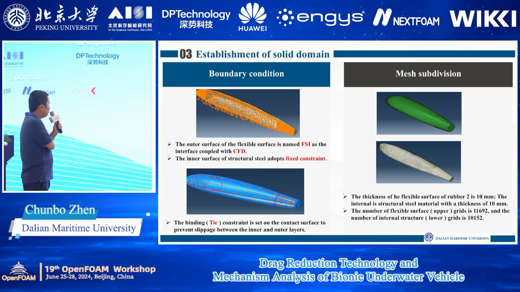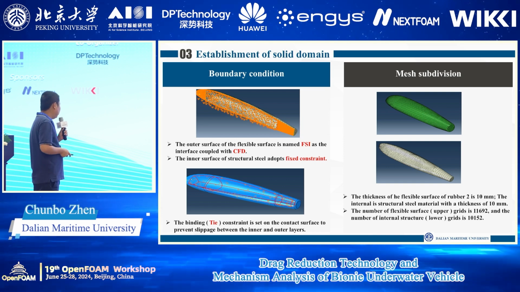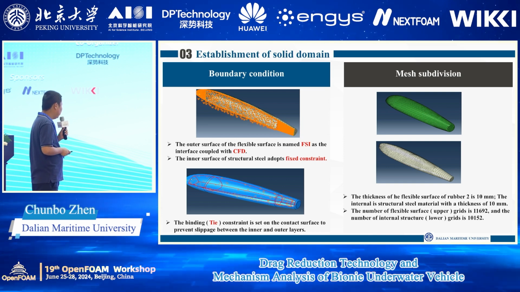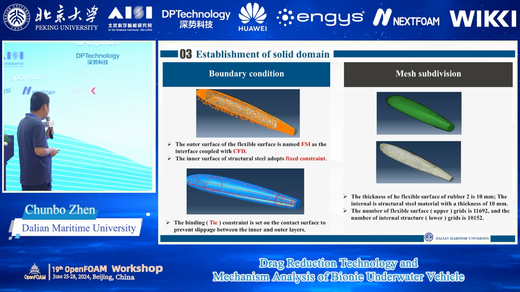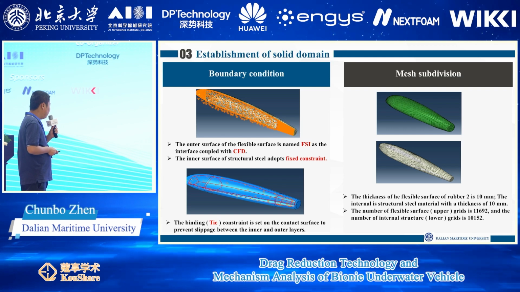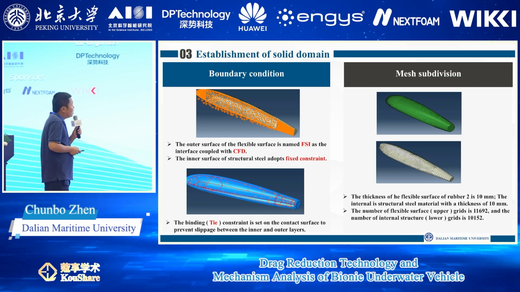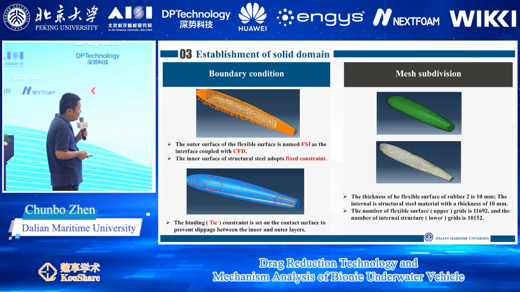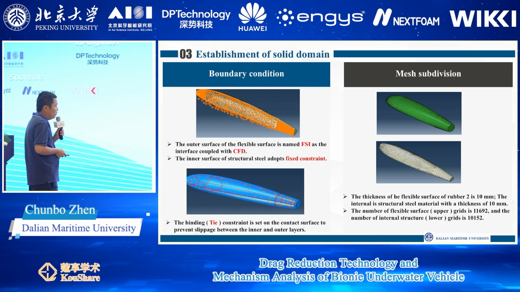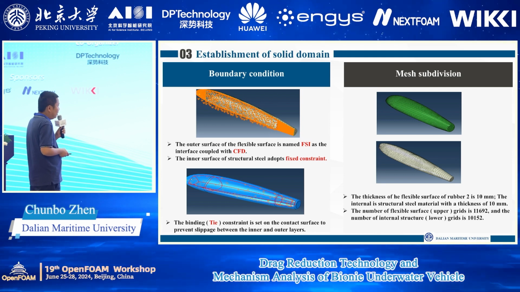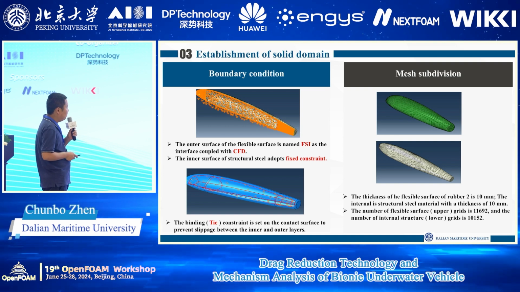The inner surface of the structural steel adopts a fixed constraint. The binding constraint is set on the contact surface to prevent slippage between the inner and the outer layers. Mesh subdivision: the thickness of the flexible surface of rubber is 10 millimeters. The internal part is structural steel with a thickness of 10 millimeters.